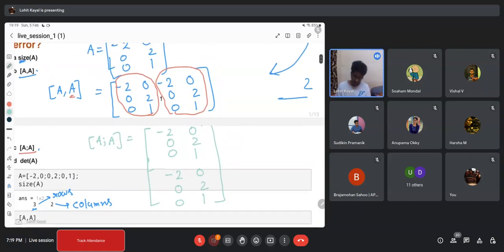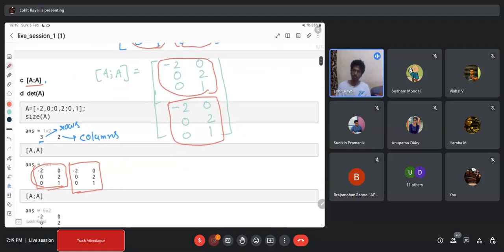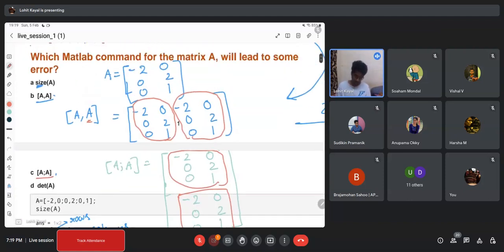I am treating this whole A as a whole element, and the new element is appearing at a new row. This is how to understand this kind of command.